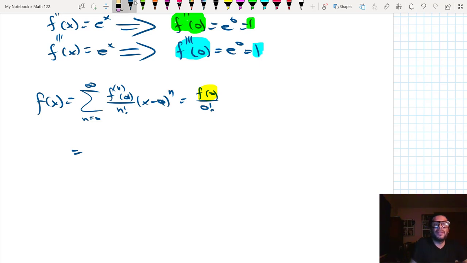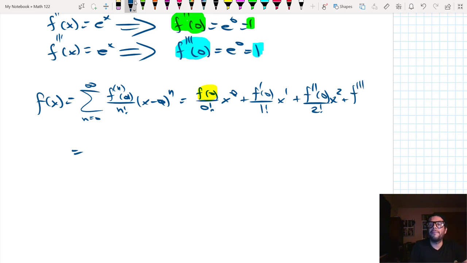So we have x to the 0 plus f prime of 0 over 1 factorial x to the first plus f double prime of 0 over 2 factorial times x squared plus f triple prime of 0 divided by 3 factorial x cubed plus dot dot dot.